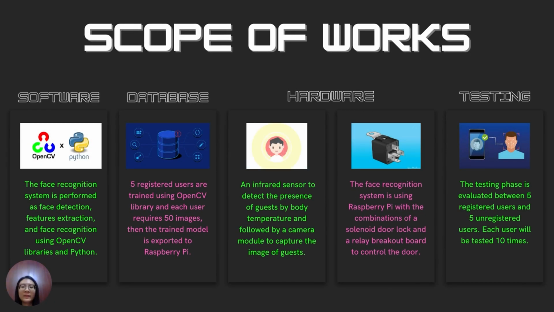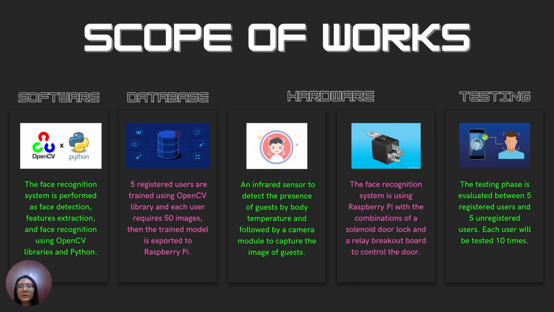To fulfill my objectives, this project mainly uses Python for computer vision with OpenCV and deep learning for the software part. And for the hardware part, it mainly uses the Raspberry Pi with some other components, such as an infrared sensor, camera module, solenoid door lock, and relay board. Thus, the scope of this project can be divided into a few parts.